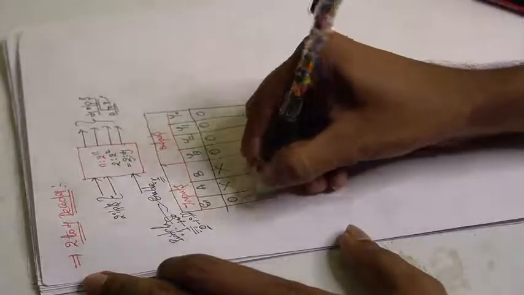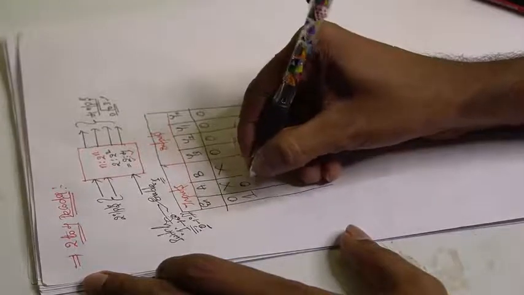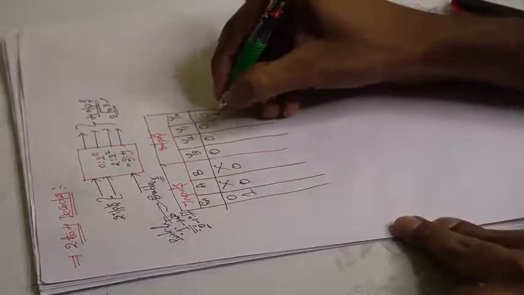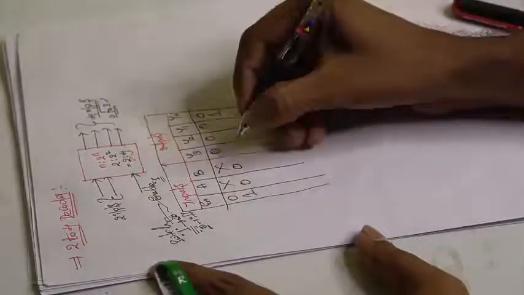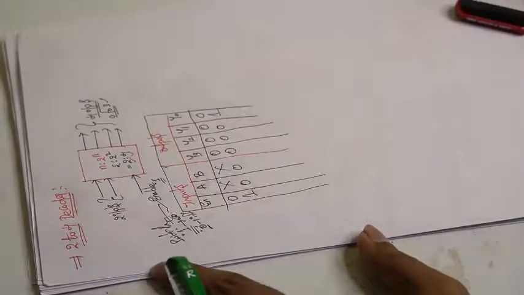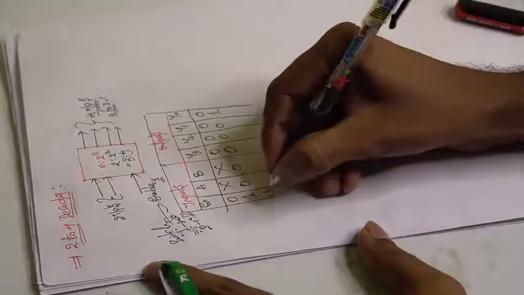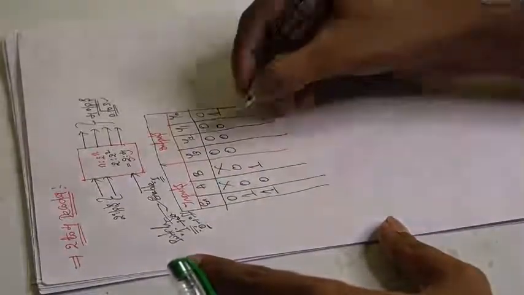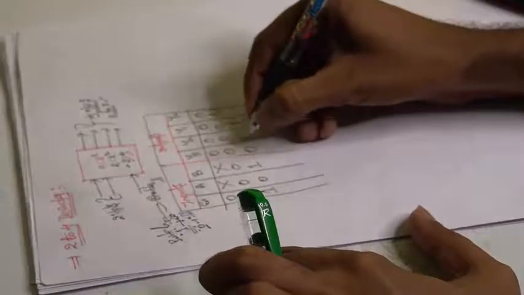If you make the enable input as 1 and take the 0, 0 case, Y0 will become 1 and all the remaining outputs will become 0. And if you take the enable input as 1 with 0, 1, here Y1 will become 1 and all the remaining will become 0.